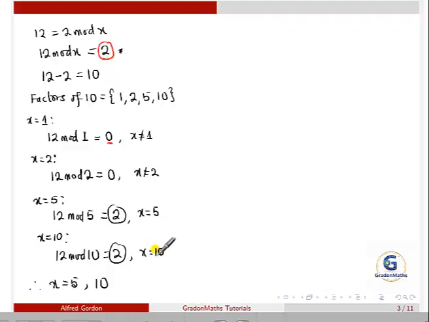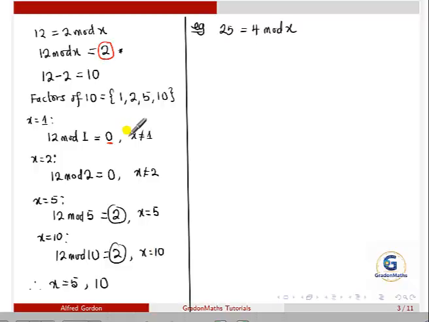Let us try other examples. Let us try this example: 25 is equal to 4 mod x. Here we will first rewrite this equation in the form 25 mod x should be equal to 4.